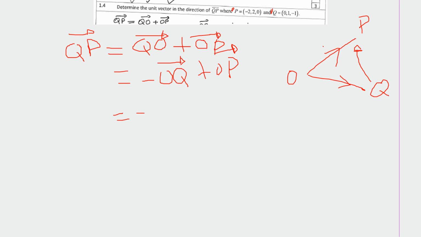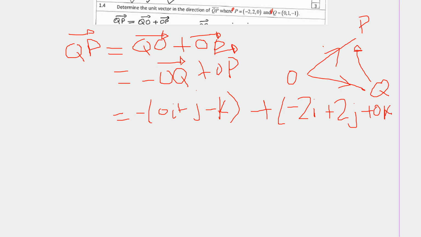In place of OQ, we have 0i plus 1j minus 1k. And for OP, we have plus, let's say, negative 2i plus 2j plus 0k. Now when we simplify everything, we just remove the bracket using this negative. 0 will be 0, and this one will be negative j plus k.